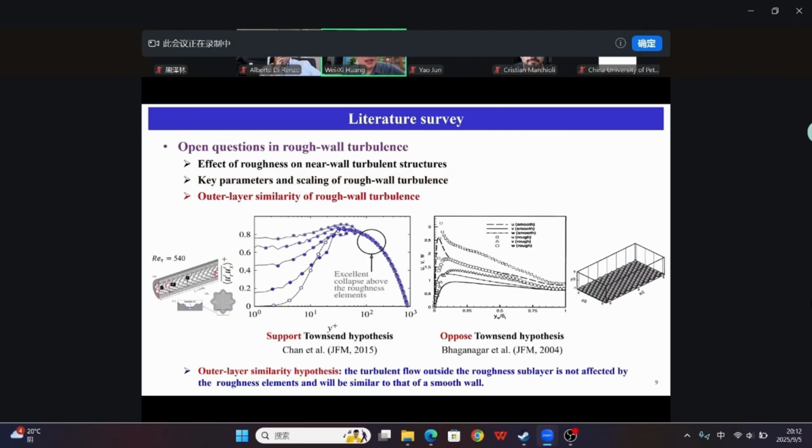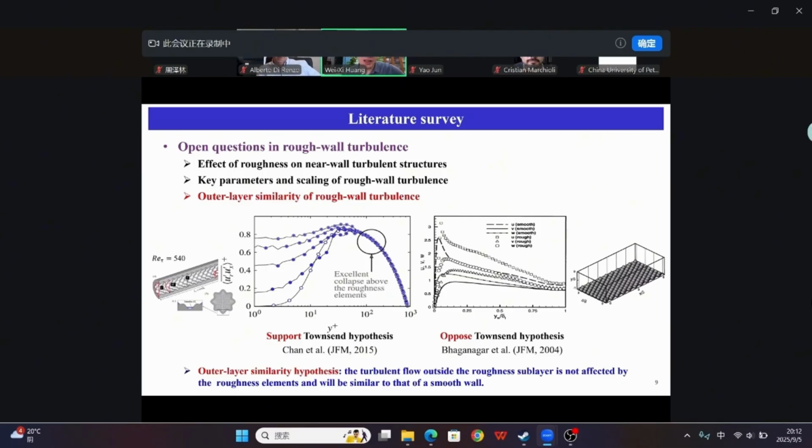The third question is the outer layer similarity. Here it's more diverse. Half of the people show that the outer layer statistics collapse for the rough wall case and the smooth wall case, but some other people show that in the outer layer the rough wall result deviates from the smooth wall case.